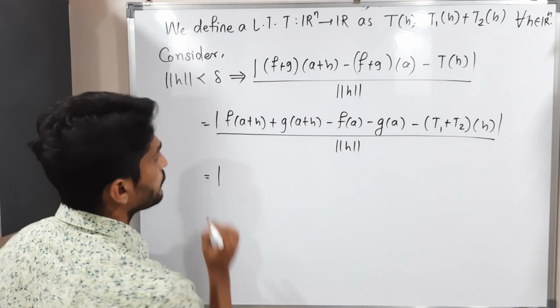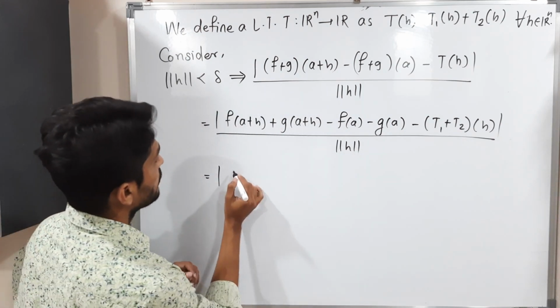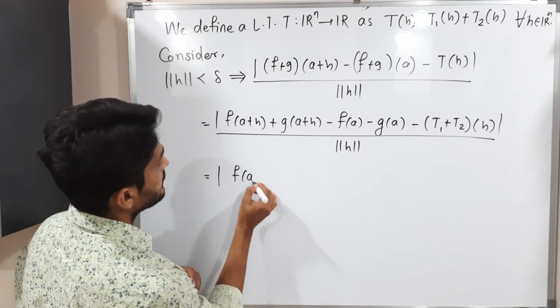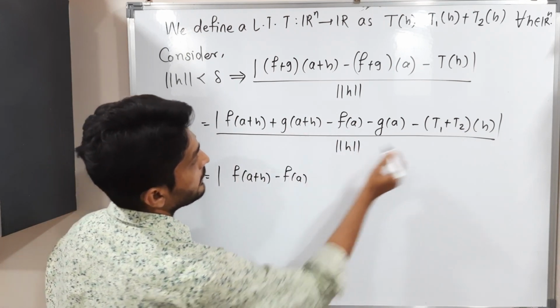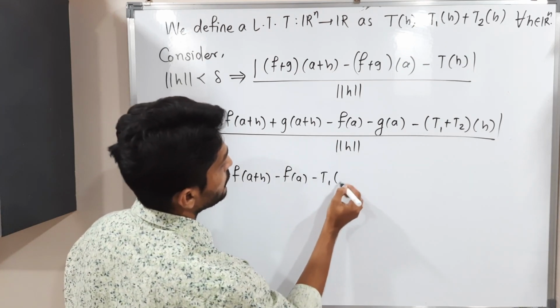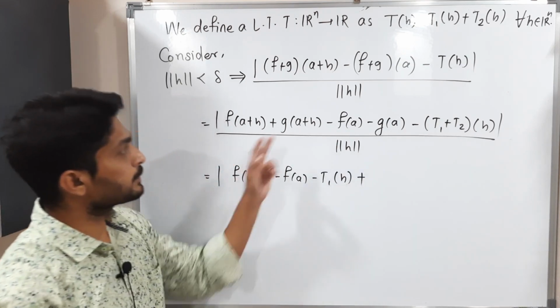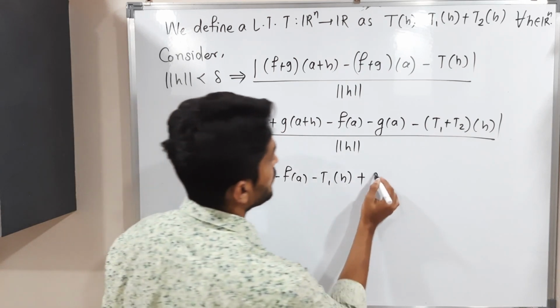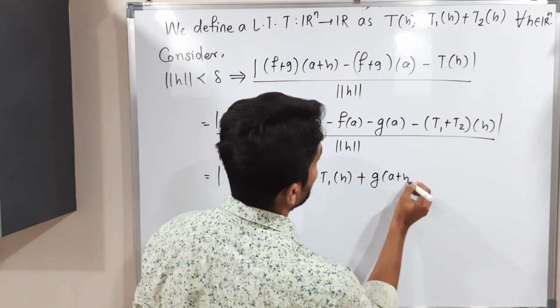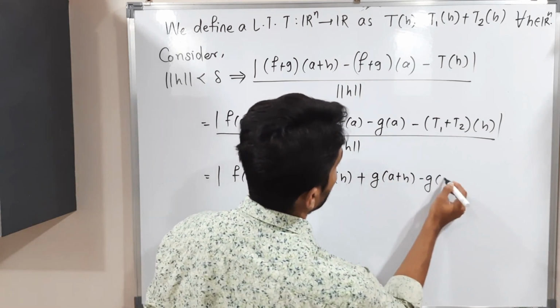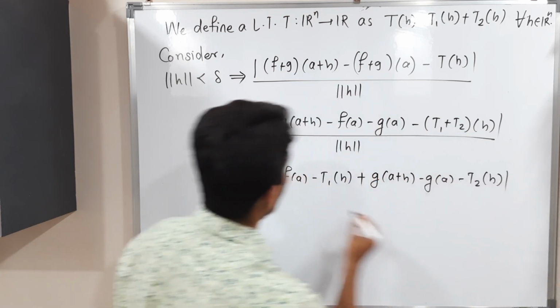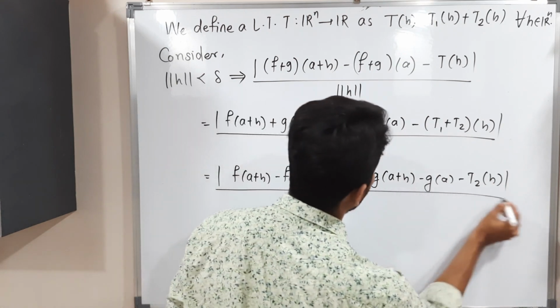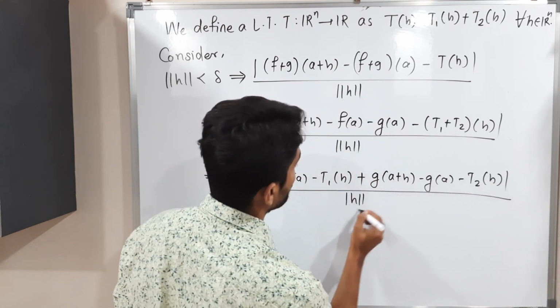So this is equal to, collecting the f terms, f of a plus h minus f of a minus t1 of h, plus g of a plus h minus g of a minus t2 of h, whole divided by norm h.